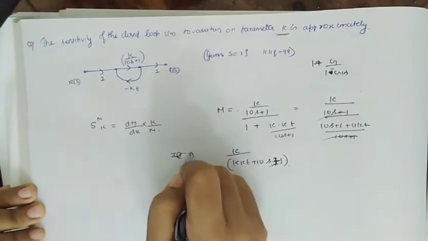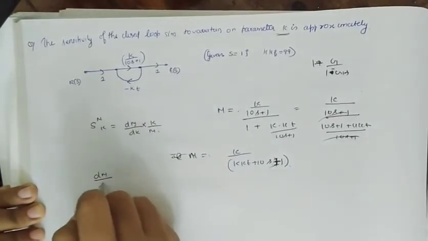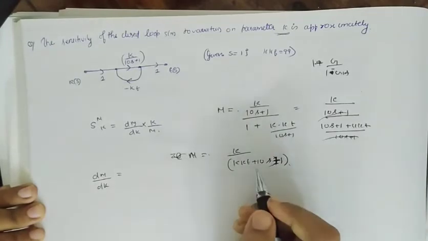That is our M, and now we have to find dM divided by dk, that is the change in M with respect to k.